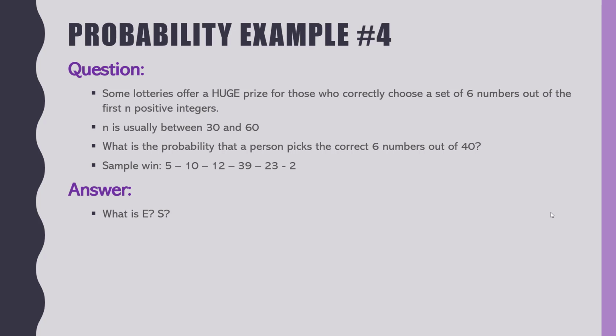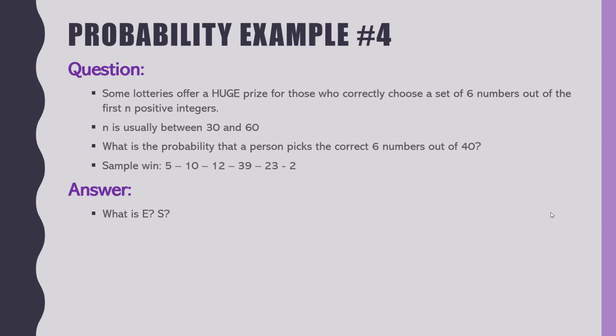So this question here, what is the probability that a person picks the correct 6 numbers out of 40? I've given this example, I shouldn't use the word sample because that means sample size, but what I meant is, here's an example of a possible win. 5, 10, 12, 39, 23, and 2. That's a possible lotto number.